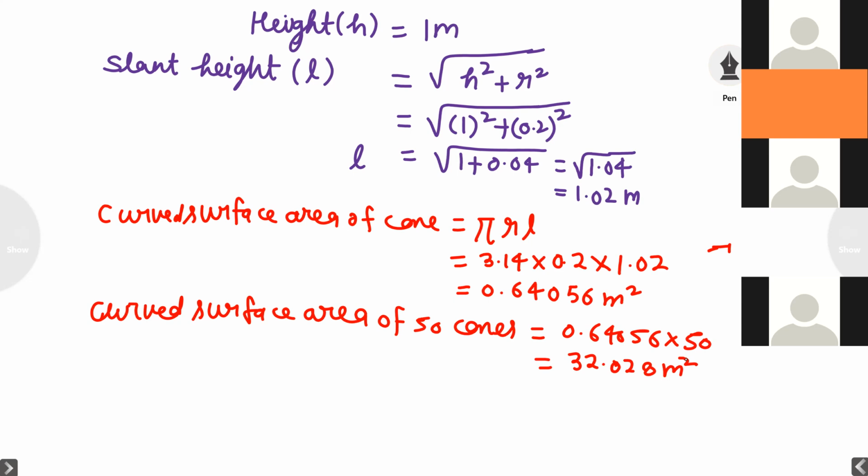Now he is asking, find the cost of painting these cones. If cost per meter square is 12 rupees, then I want to find out cost of painting of the 32.028 meter square.